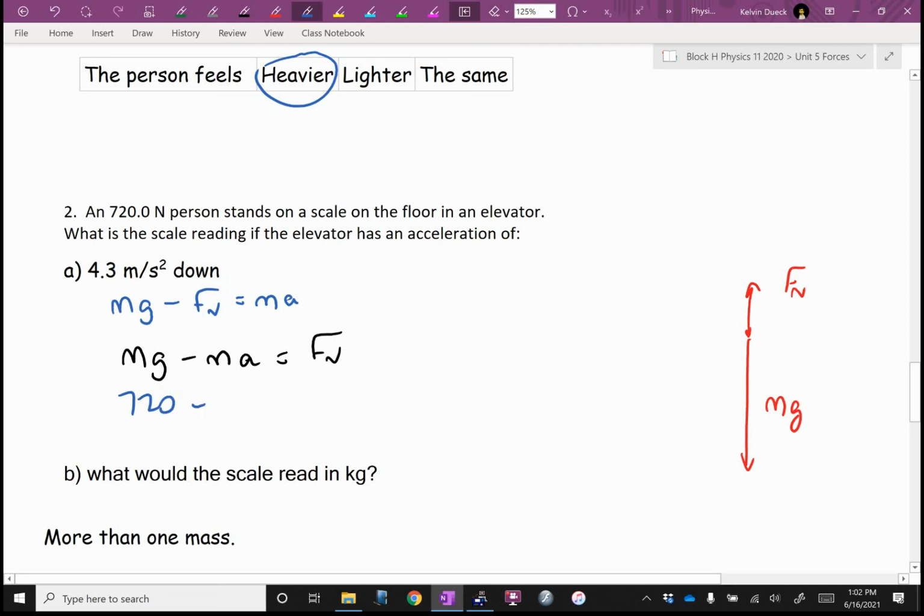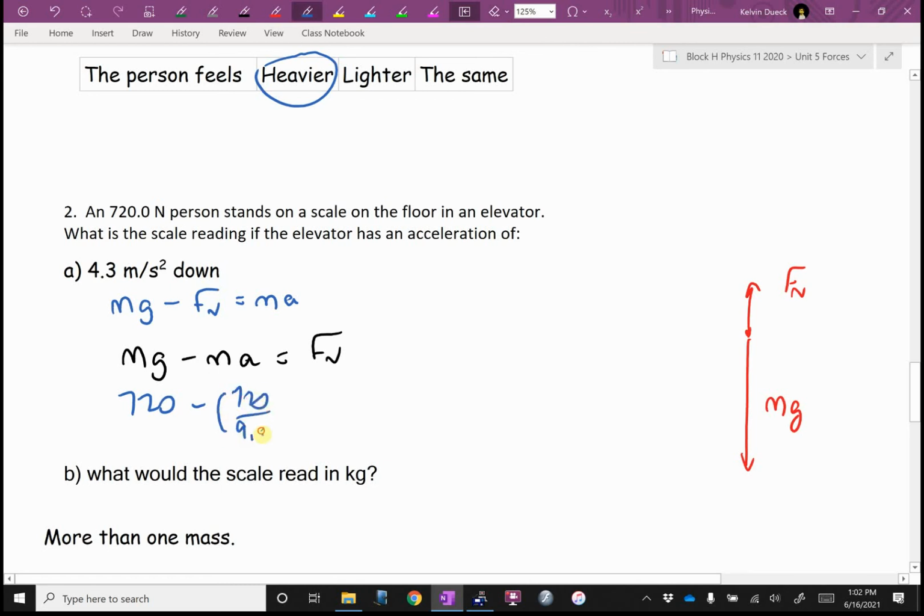Minus, and in fact, I'd be so lazy. I said, what's mg? Did you say 720? I'm sorry, I misheard you then. I thought I heard you say 9.8.